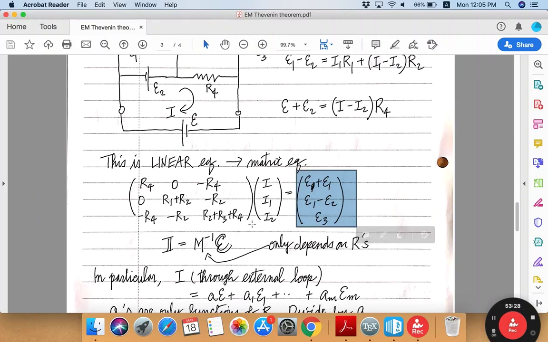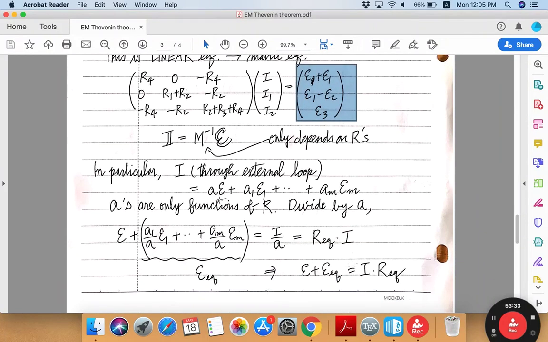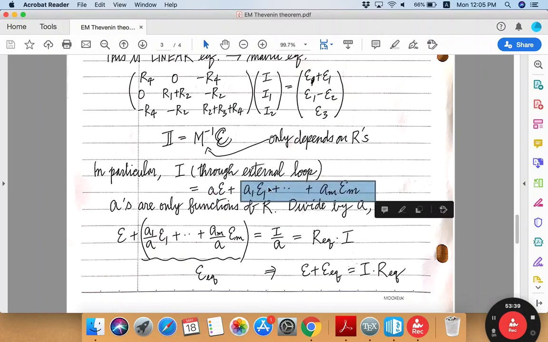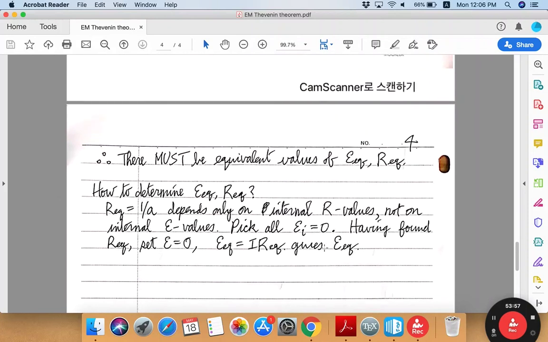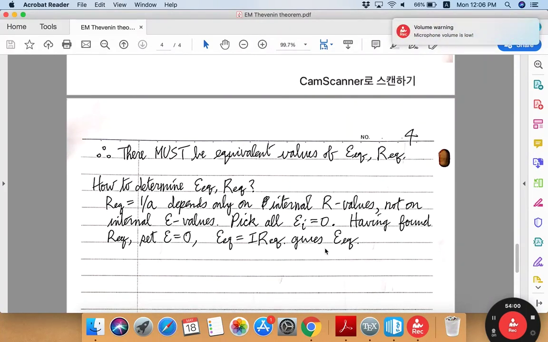And then you take the inverse matrix and work out this matrix multiplication and so on, and obtain this value for A, while everything else will be 0 because you have taken all the internal EMF values to be 0 in this case. And whatever you get for A will be giving you the R equivalent. Okay? So that's how we obtain the R equivalent for the circuit hidden in the black box.